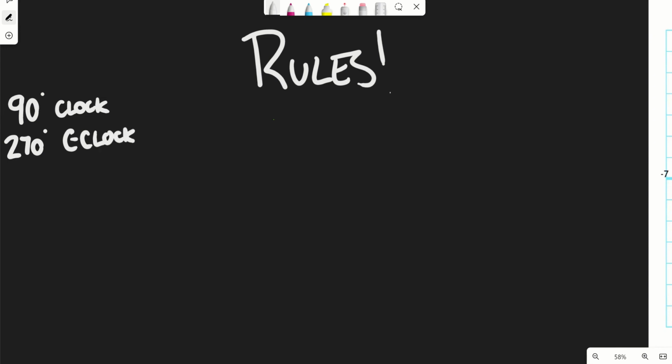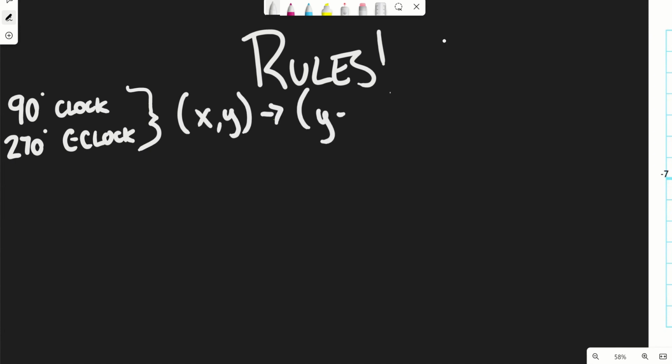I'm going to call that C clock. The rule for 90 degrees clock or 270 degrees counterclock is my ordered pair of x, y will become y, negative x. That's my rule. It's going to go from xy to y negative x.